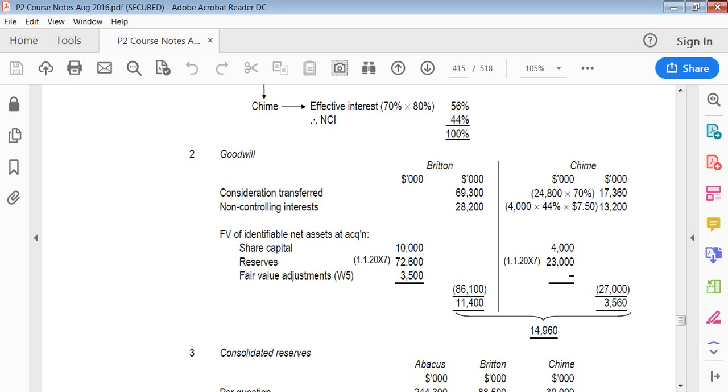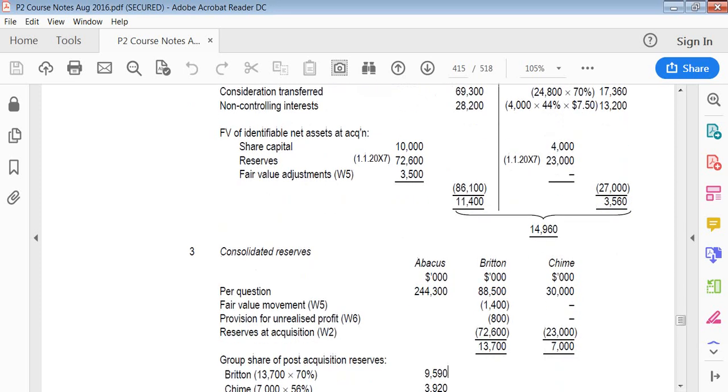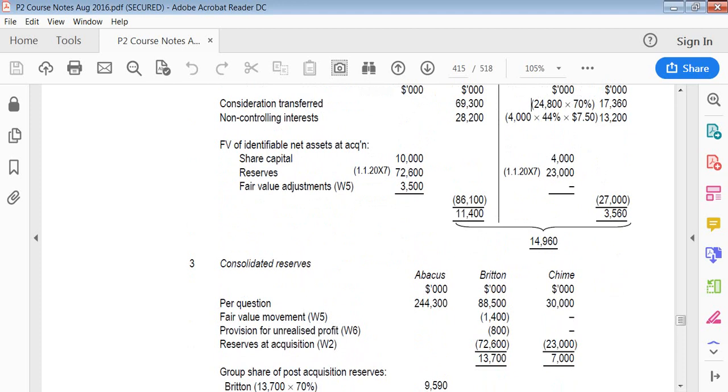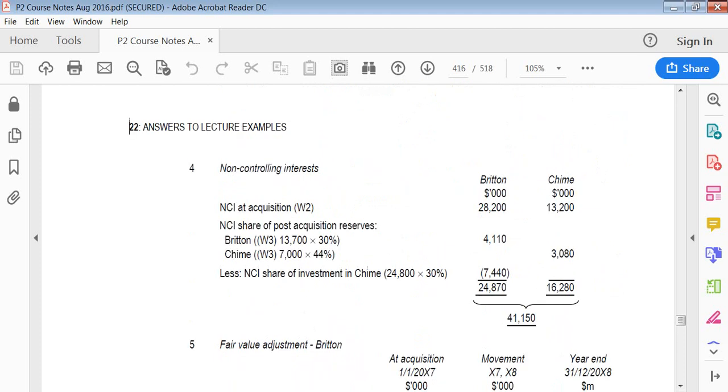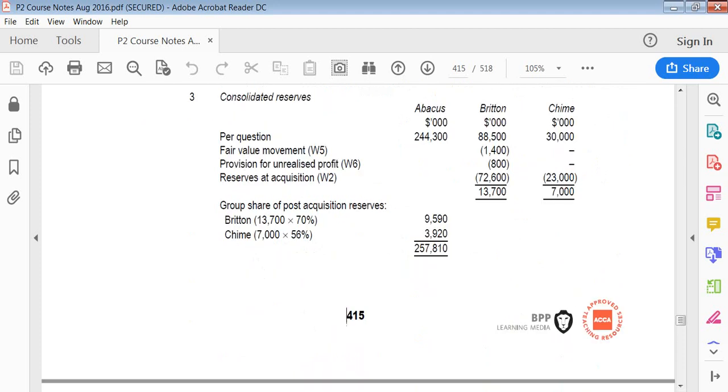The consolidated reserves, we draw out 3 columns for each company in the group. We start with the reserves as given in the question for Abacus, Briton, and Chimney.